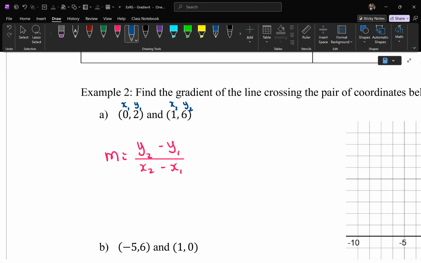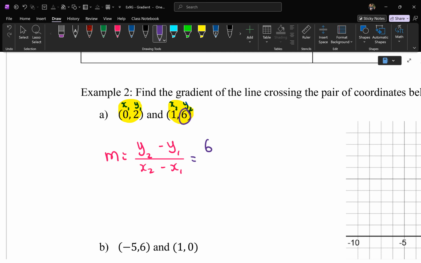Technically, it doesn't matter which one you label. You can flip it around. You could have called this x1, and this is x2, and this is y2, and then y1. The calculation will still be the same. You just need to make sure x1, y1 stays as a group, and x2, y2 stays as a group.